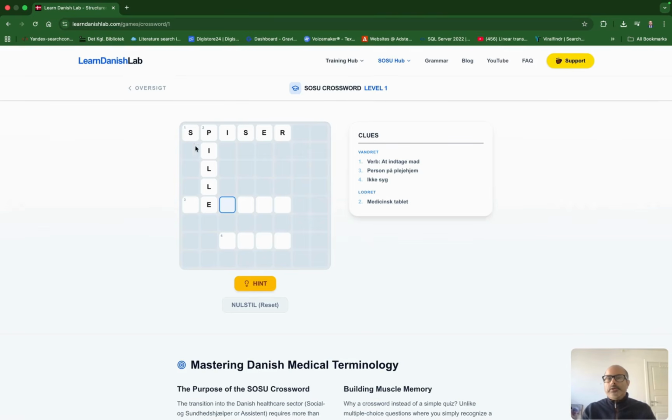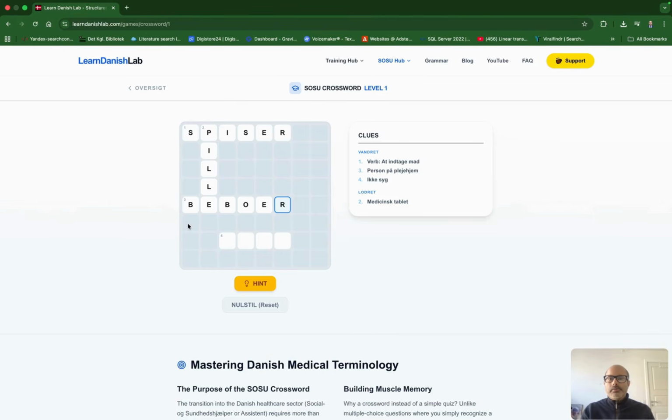Then we have option number three, person på plejehjem. The person whom we take care of is called the beboer in Danish. B-O-E, beboer.